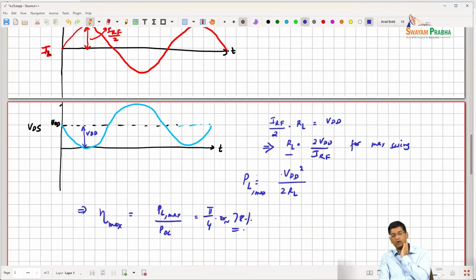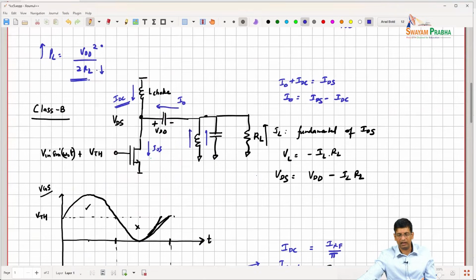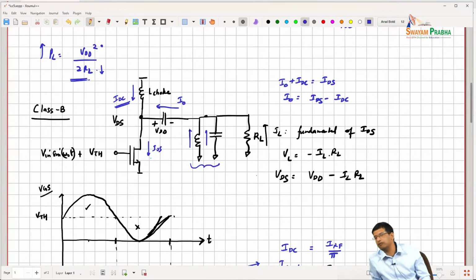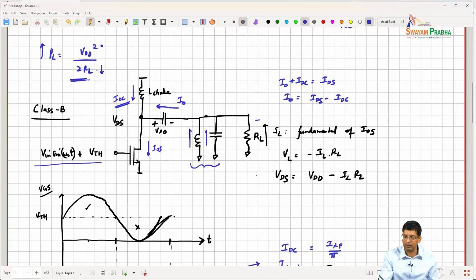So the class B PA is more efficient than the class A PA. It is clearly non-linear, but I'm relying on my filters to shunt out the non-linearities so that I still have a linear relationship between input and the output that is being dissipated into the RL. As long as I can make good filters like this, it is going to give me improved efficiency.